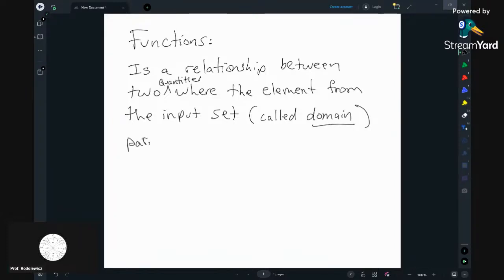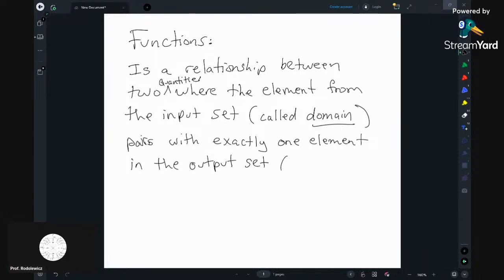Pairs with exactly one element in the output set called the what? Range. Cool. All right, so officially our first definition or a reminder of what a function is.